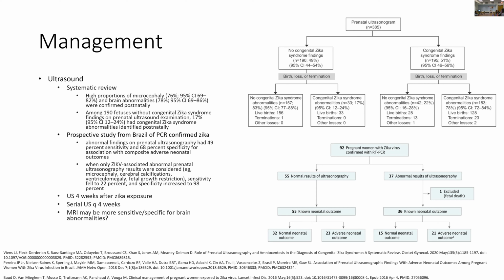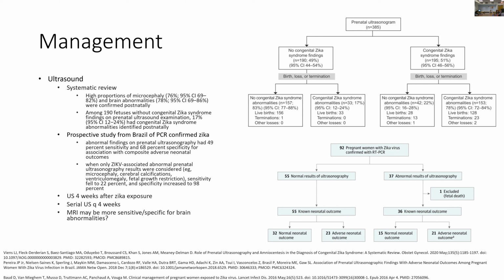There's also a more recent prospective study from Brazil that looked at PCR-confirmed Zika. From this, they saw 49% sensitivity and 68% specificity for ultrasound findings for congenital Zika syndrome. When they limited it to only Zika-associated abnormal prenatal ultrasound findings, the sensitivity fell to only 22% and specificity increased to 98%.